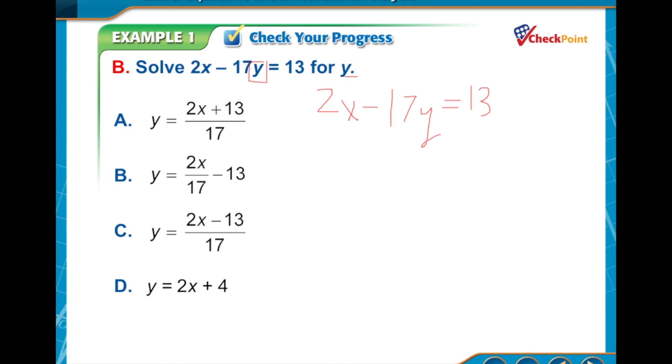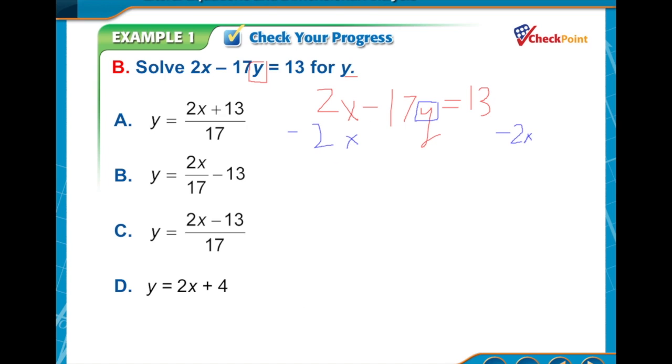Now I know I want to get y alone eventually. I want to get this by itself. So I know that I can get rid of this 2x by subtracting it away. Since the 2x is positive, I can do that on both sides.